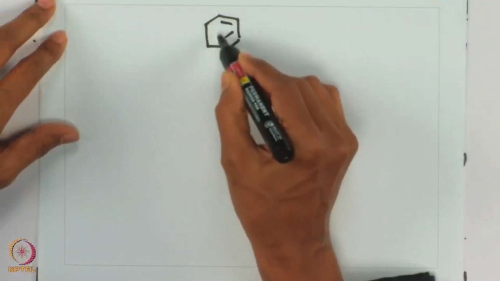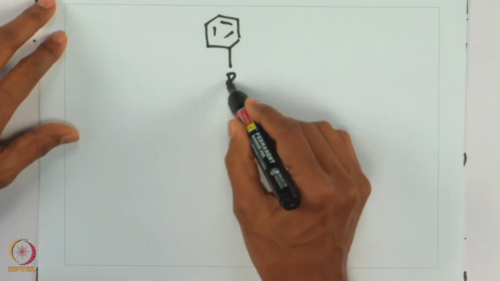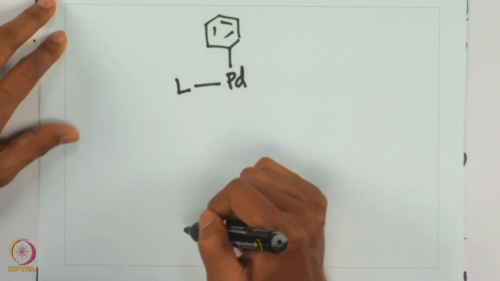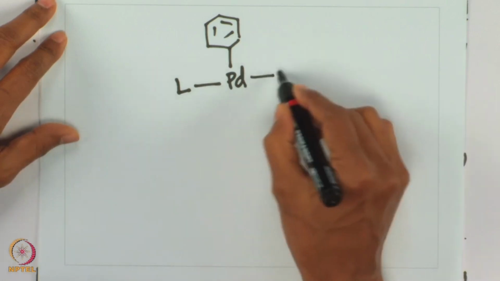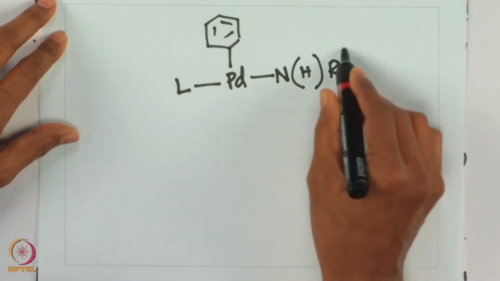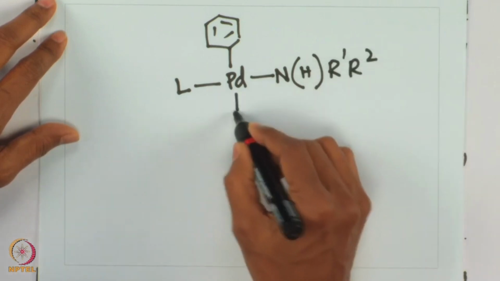We do have a phenyl ring and a palladium with it, and then there is a ligand with it. Now, before the deprotonation, what we had is NH, R prime and R2 and chlorine.